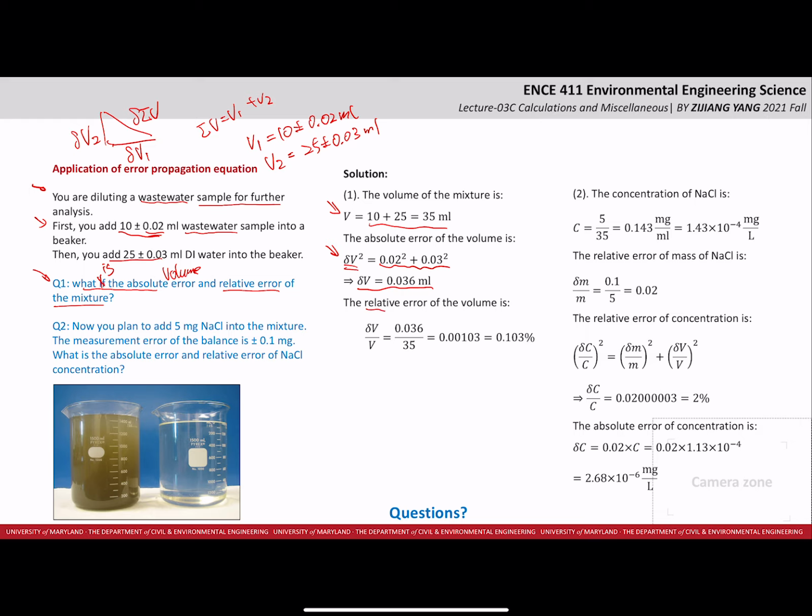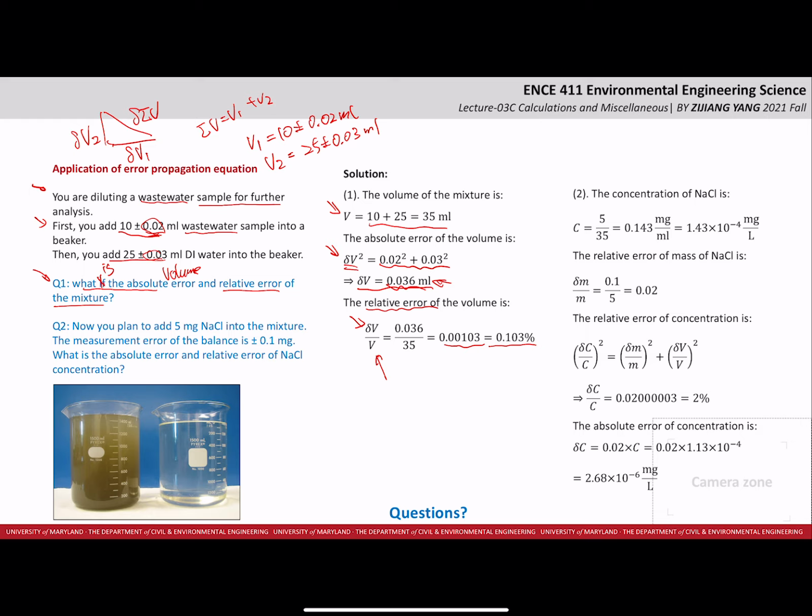We can also calculate the relative error by dividing the absolute error by the total volume, and this is the relative error of the total volume. We can see that the absolute error is larger than any of its components.